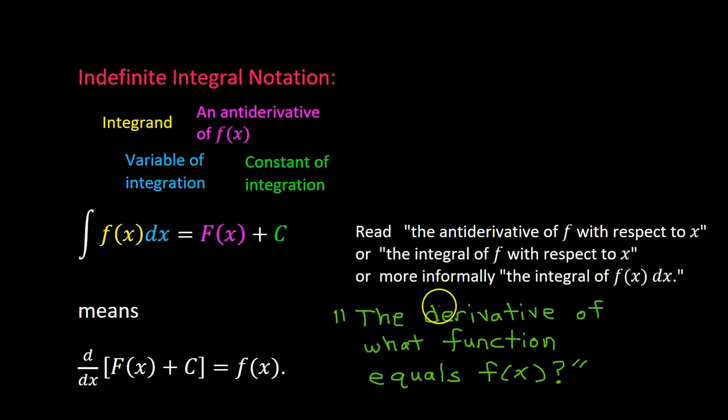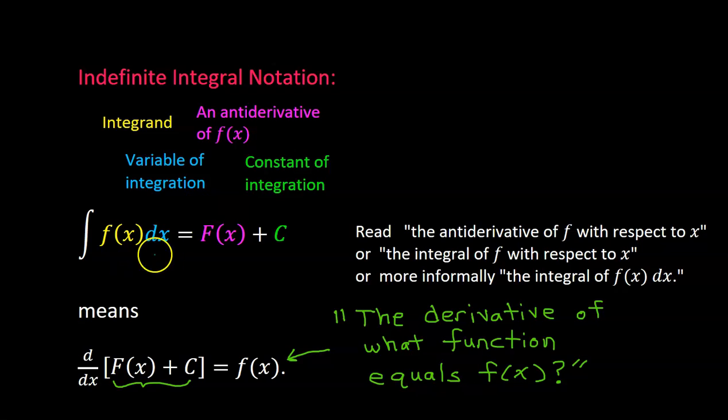We've learned that finding the antiderivative means answering the question, the derivative of what function equals f of x. So that question is really captured by this little equation right here. See if you can match it up. The derivative of what function is equal to f of x. That's the antiderivative.